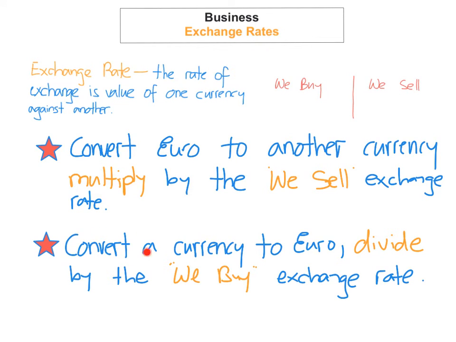So just go back over that again. If you want to convert a currency back to euro, say you've got US dollars and you want to convert that to euro, all you have to do is divide the US dollars by the we buy exchange rate, and that will give you how much you would get in euro.